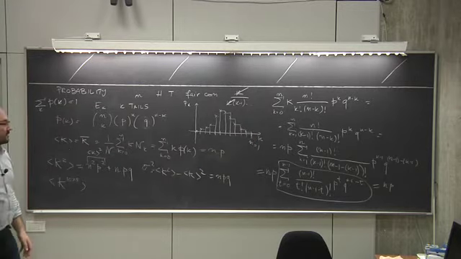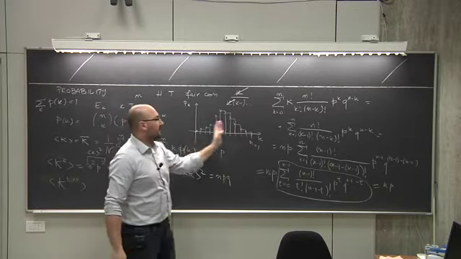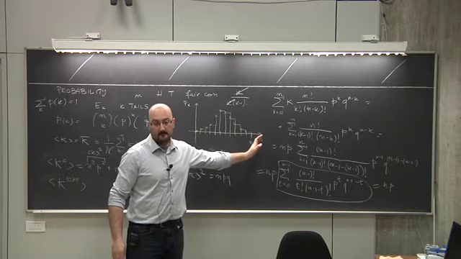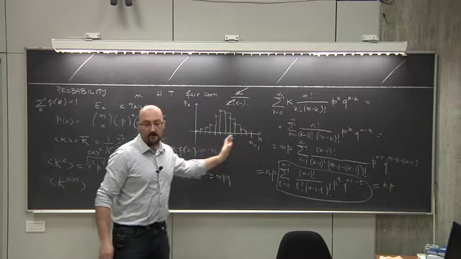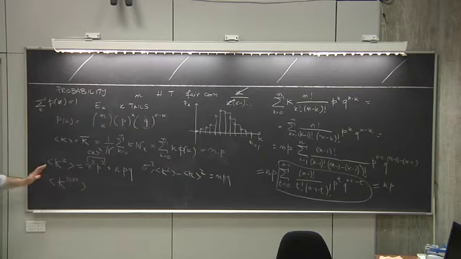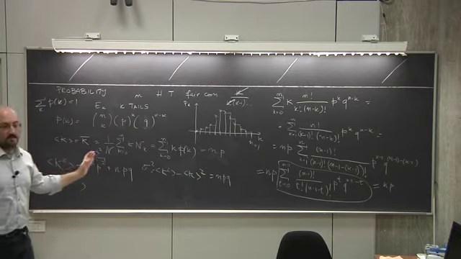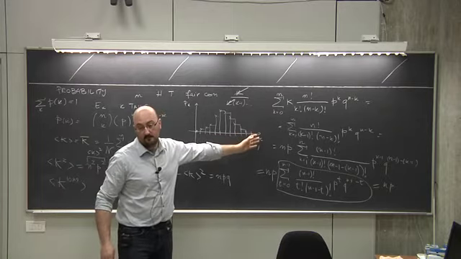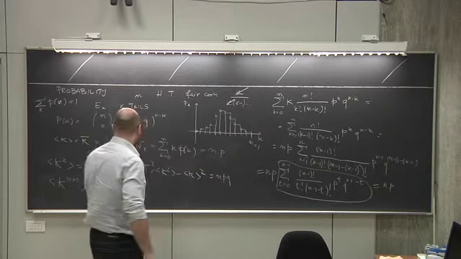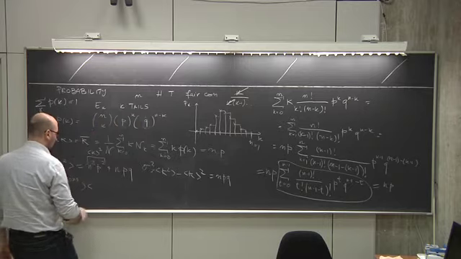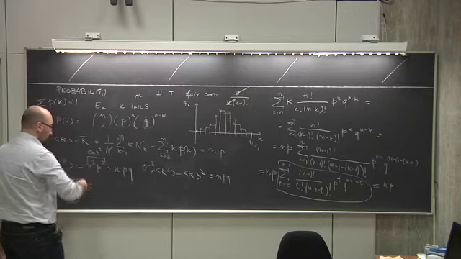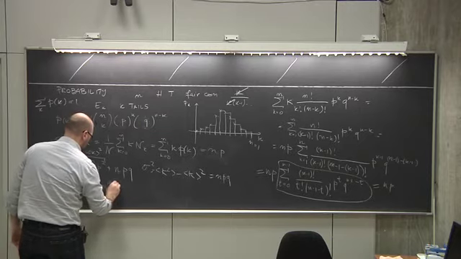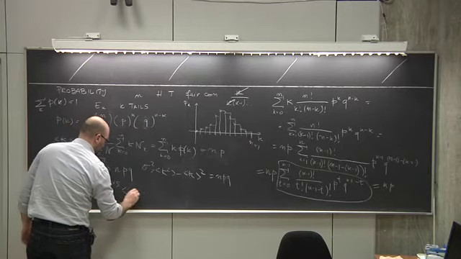Because if k can be only up to a certain value, let's say n, then the average of k to any power has to be less than the maximum possible k to that power. So I don't know what this is, but this is certainly less or equal, depending on p and q, to n to the 1075, which is finite.